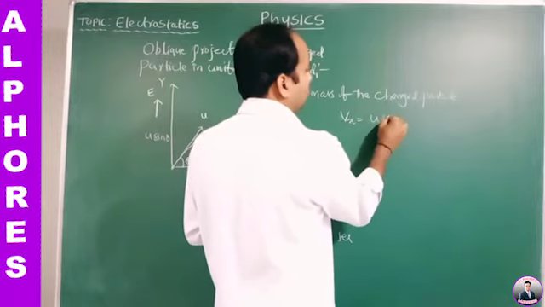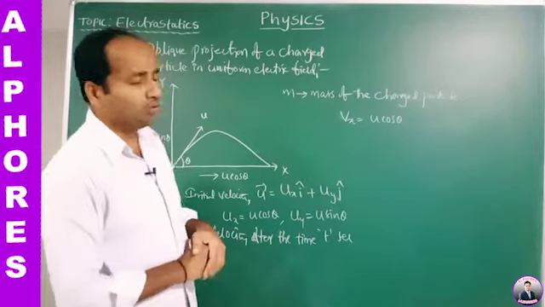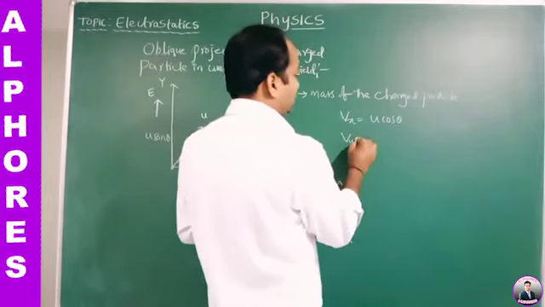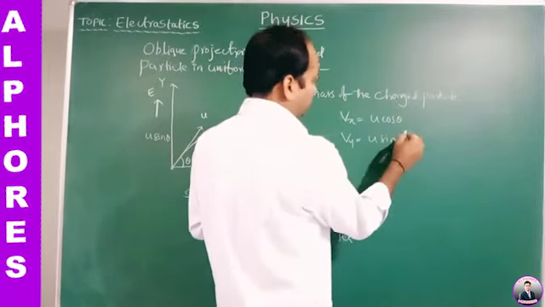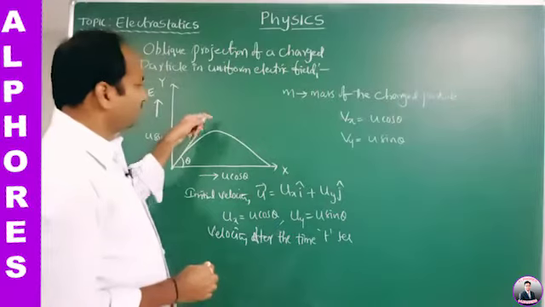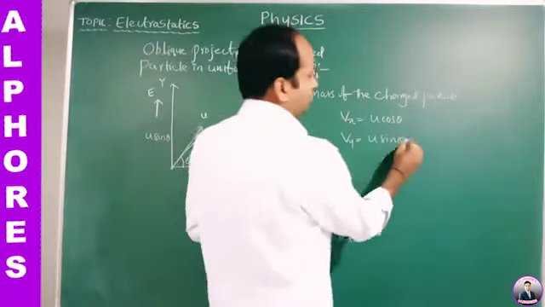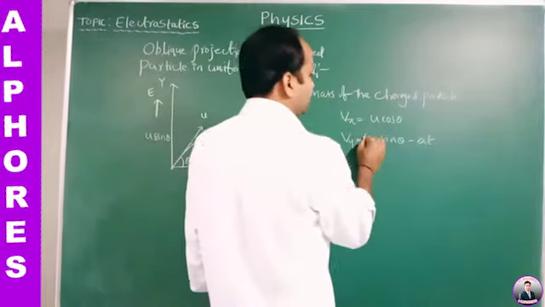Vx is equal to u cos theta only. But what about the vertical velocity? The vertical velocity is v is equal to u plus at. Here u means u sin theta, and the charged particle is accelerating downwards along the negative y-axis, so we should take a negative sign: u sin theta minus at.